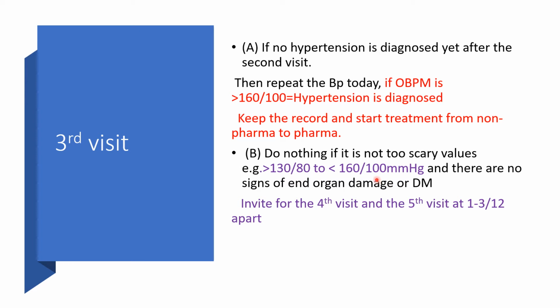Okay, but if there are signs of end organ damage or this person is diabetic or having renal failure, then we'll embark on treatment. If that is not the case, if it is greater than 130/80, less than 160, no end organ damage, no diabetes, no renal failure, we will invite for the 4th visit and probably the 5th, one month apart.